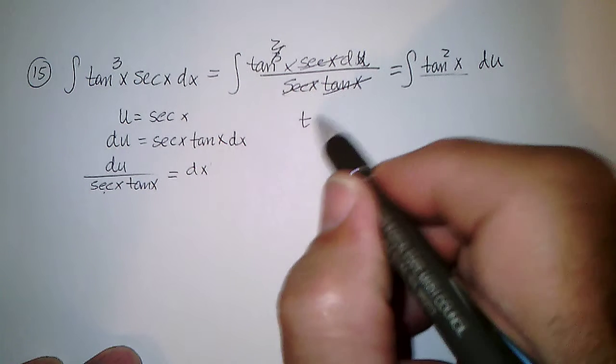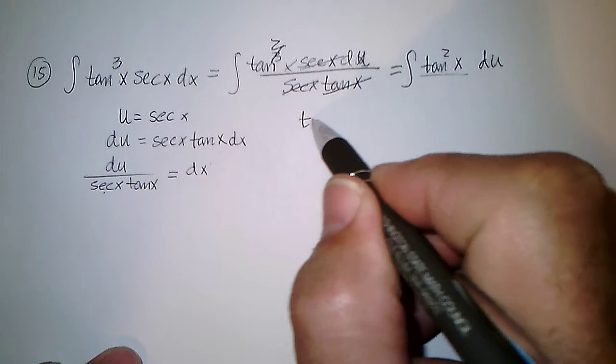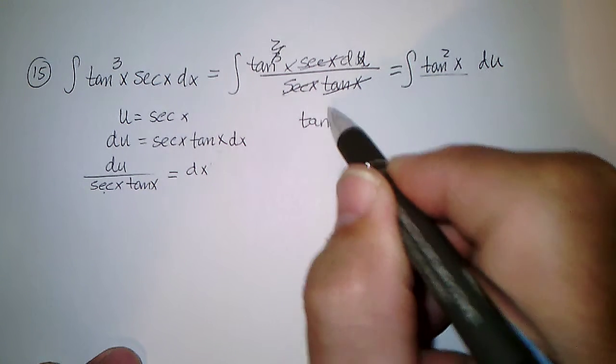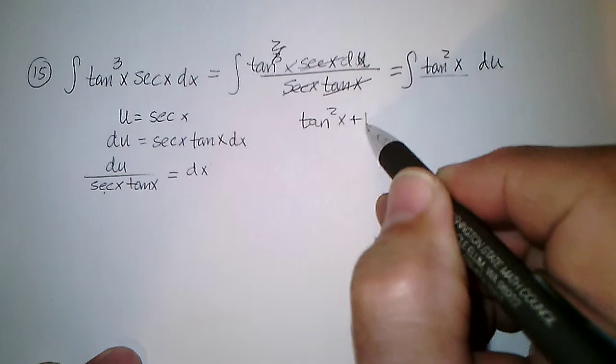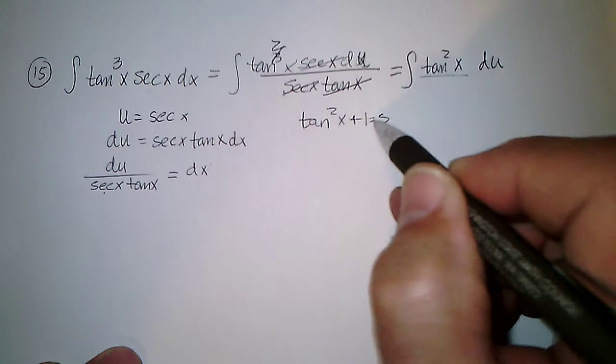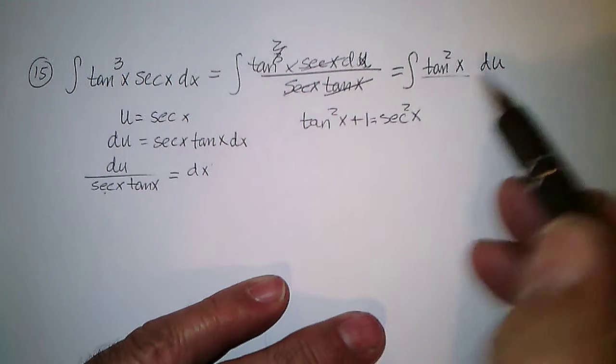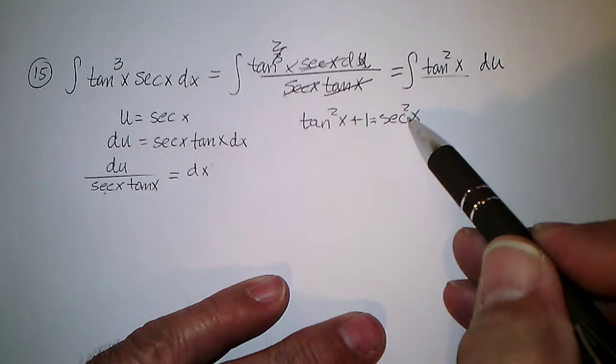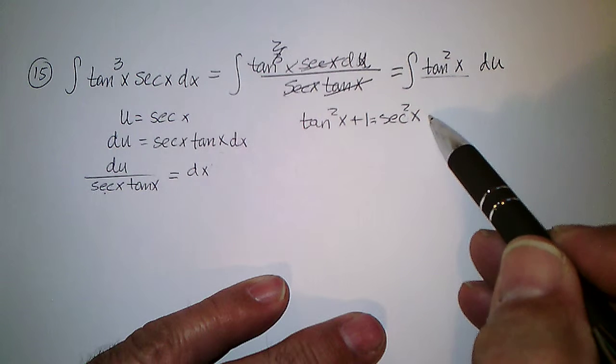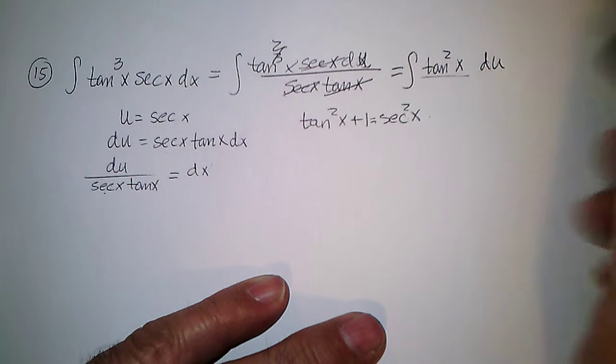But if you remember back to the Pythagorean theorem, has several forms. One of them is tangent squared x plus 1 is secant squared x. So secant squared x minus 1 is what the tangent squared is.